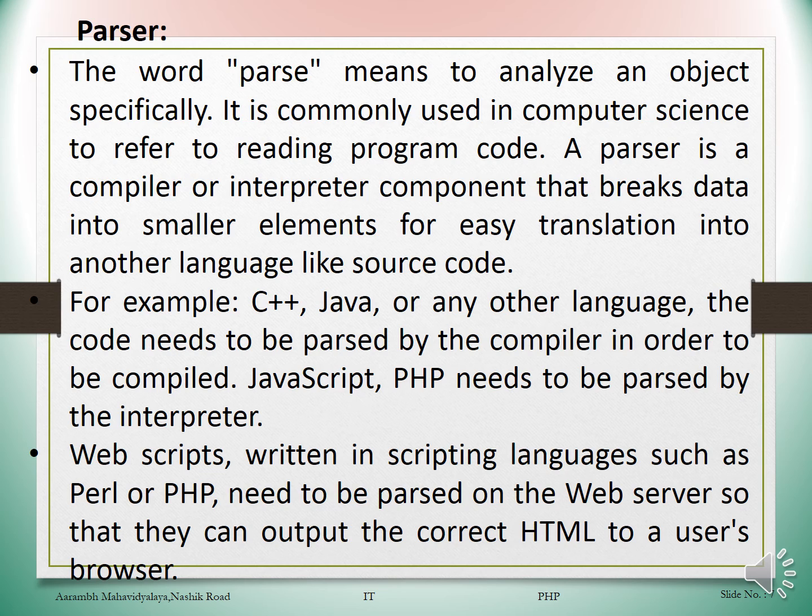That is the basic difference between the compiler and the interpreter. By using both tools, our program gets converted into the source code, and through that source code we can easily debug our complete program and get the output. For example, C++, Java or any other languages need to be compiled, while JavaScript and PHP need to be interpreted.